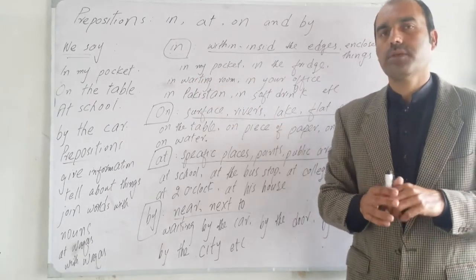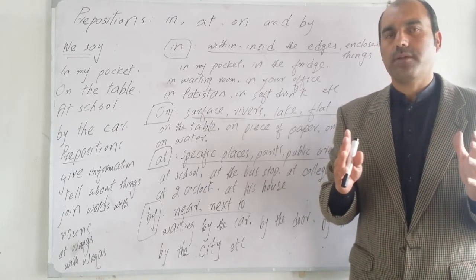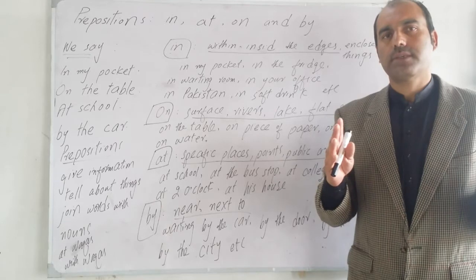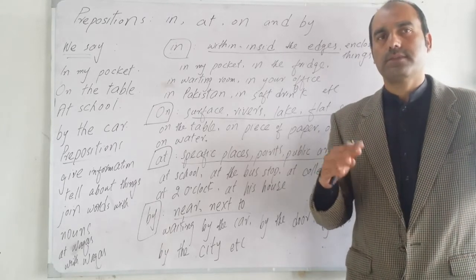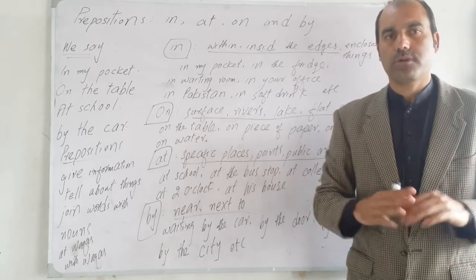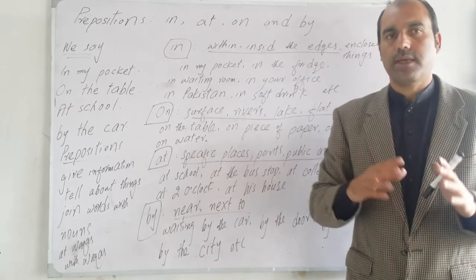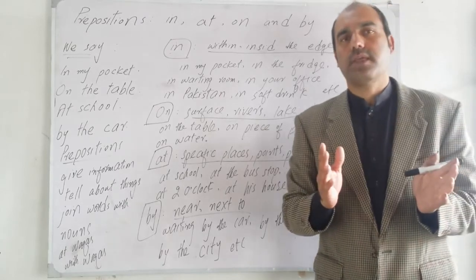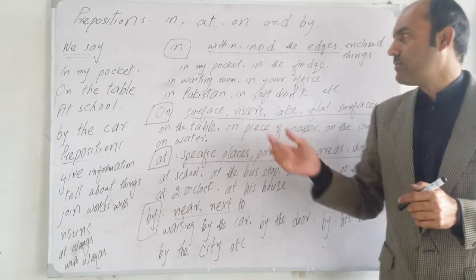A waiting room is a place in a building, and it has a roof and walls and a floor. So it has edges and walls, and that is an enclosed thing. That is why we say in the waiting room.